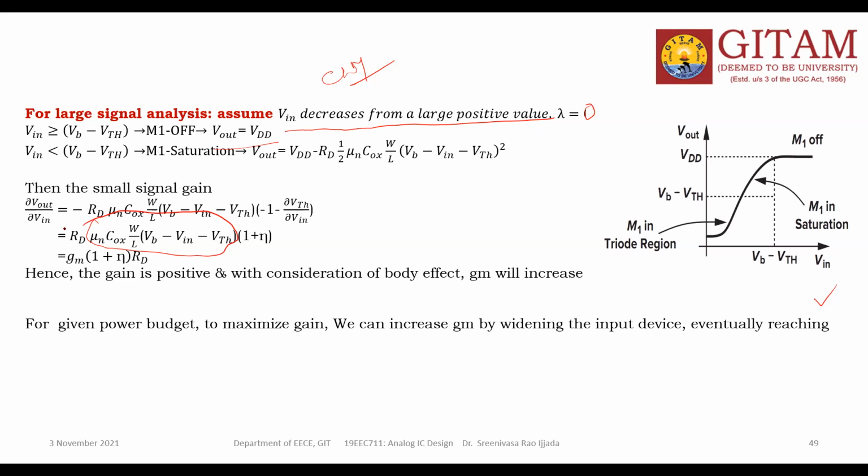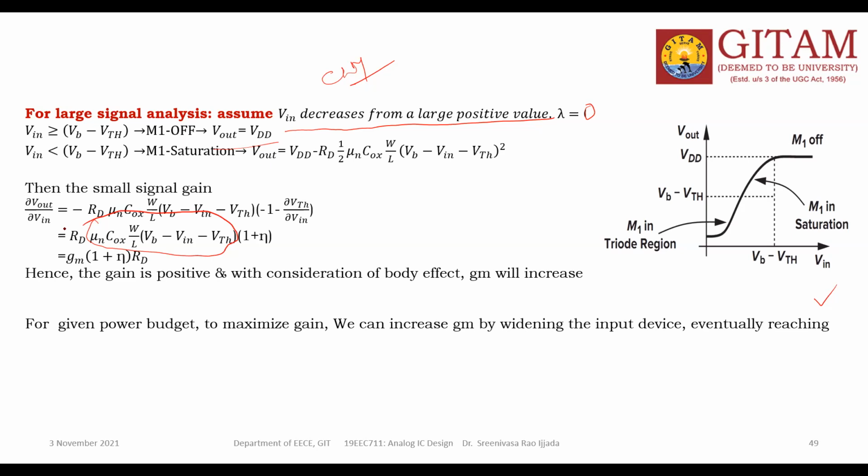For a given power budget, what do you mean by power budget? Supply voltage and currents. For the given power budget, to maximize the gain, whatever gain you calculated here is GM into 1 plus eta into RD.